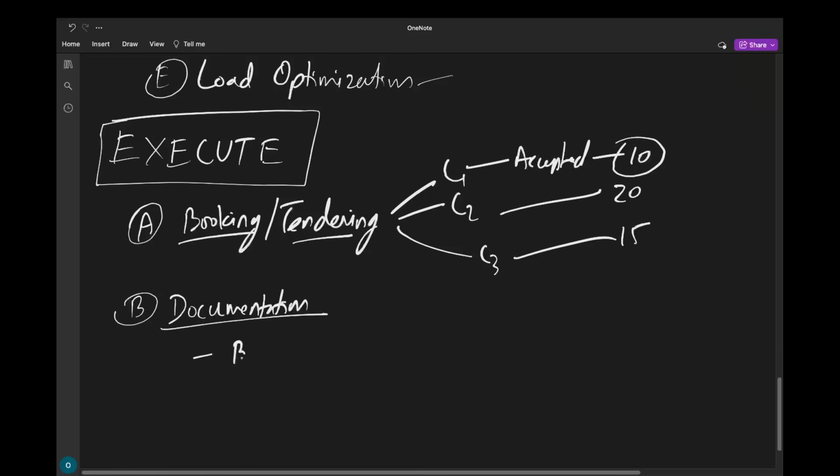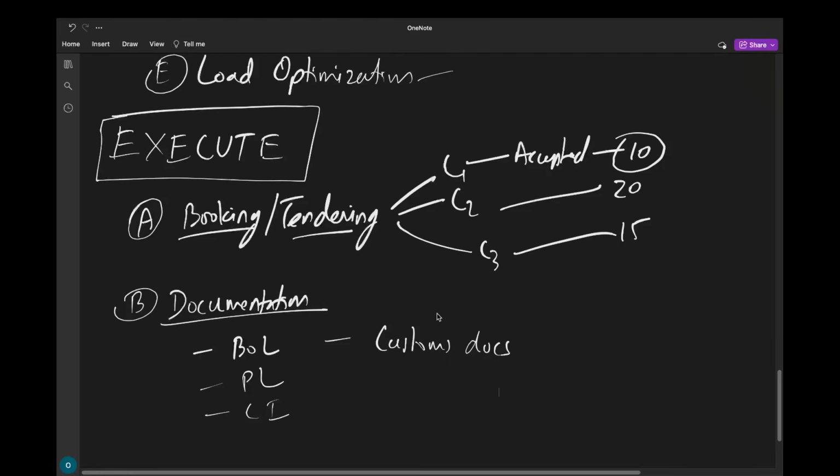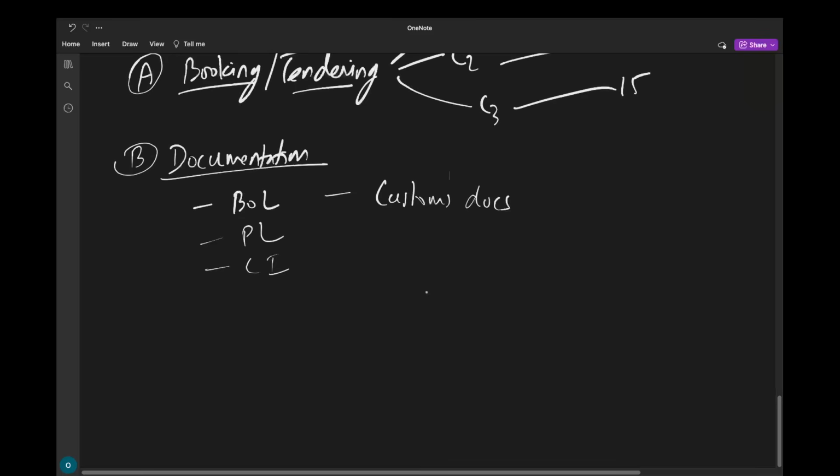For example, bill of lading, then packing list, then commercial invoice sometimes, and so on. Sometimes if it is an international shipment, we may also include the customs documents. Okay, so in execution, first we do the booking and tendering, second we do the documentation.